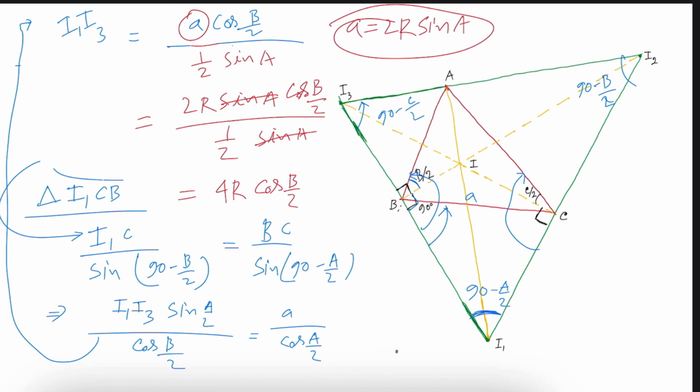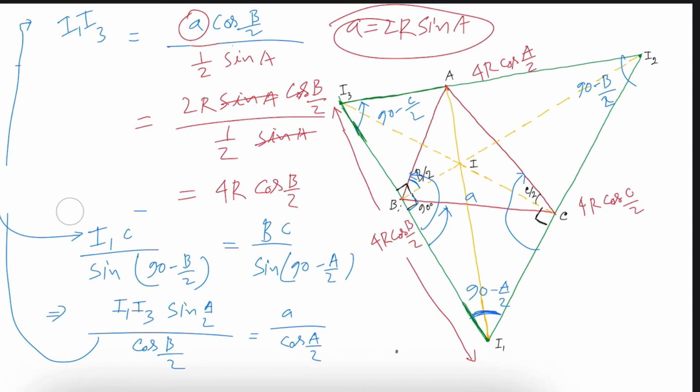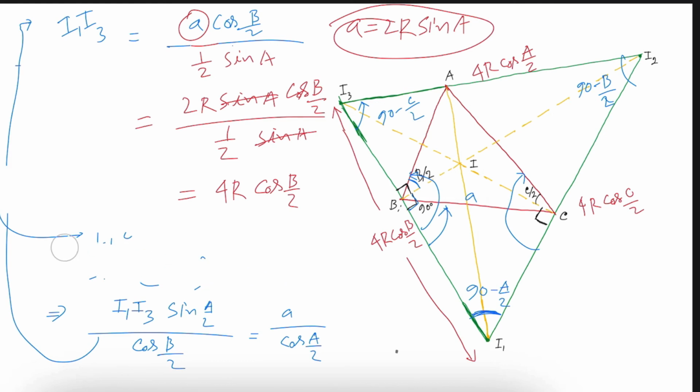So basically this side I1I3 is 4R cos B by 2. Similarly, that is 4R cos C by 2, and this is 4R cos A by 2, right?